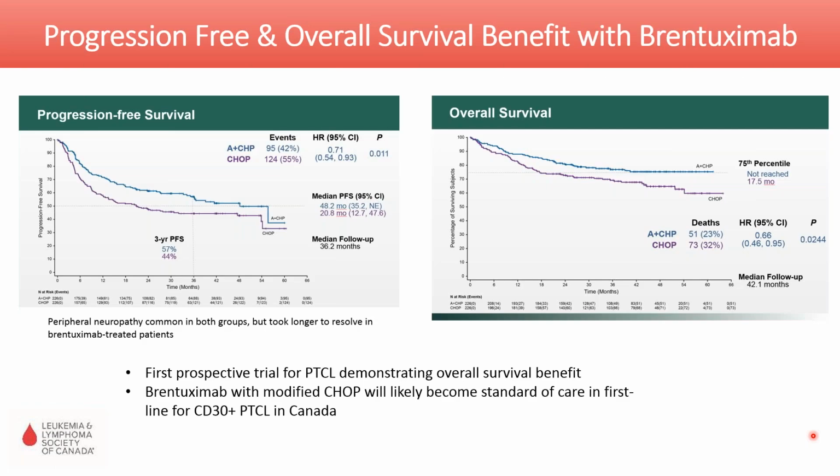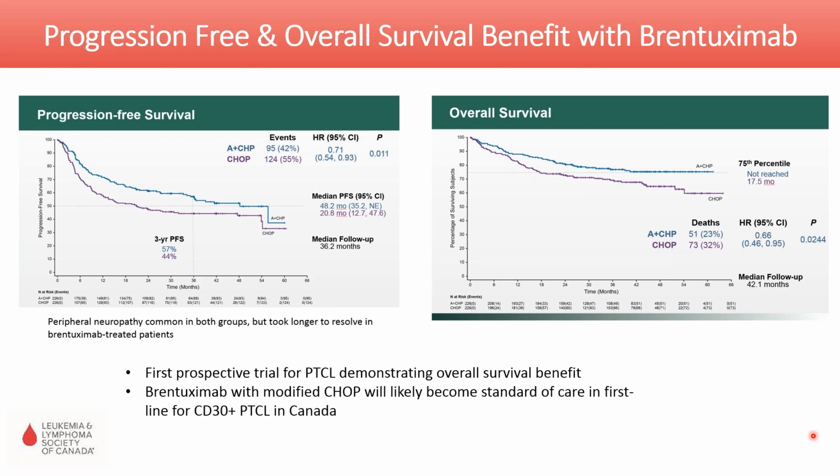So I like this because it shows a survival benefit. If you're in the group that got the Brentuximab with their CHOP treatment, you did better. Not only did you stay in remission longer, what we call progression-free survival, but overall survival was better. And our funding agencies in Canada prefer that.